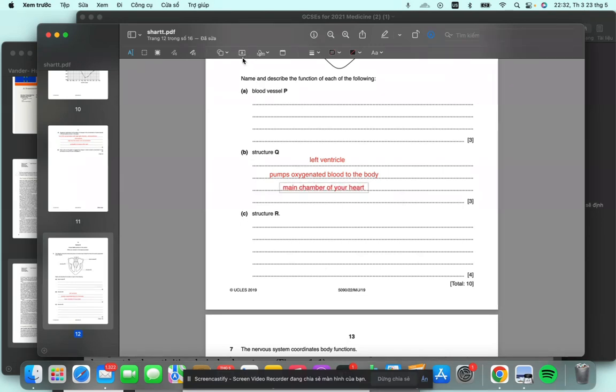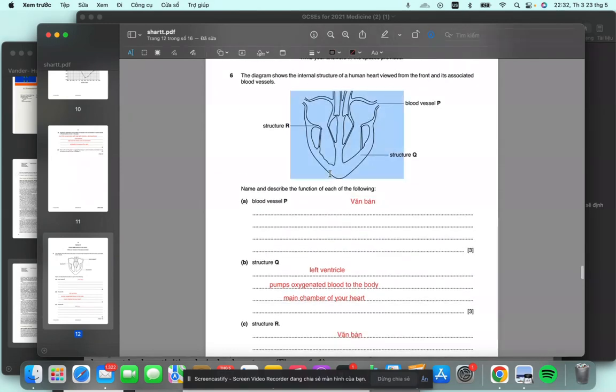Structure R. I'm going to teach you a way to remember all the valves in your body. Do this trick. Me and my friends call it the Try Me PA technique.